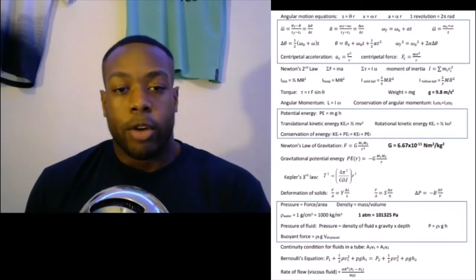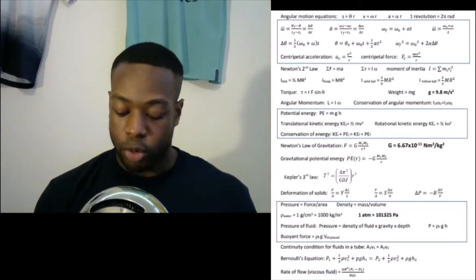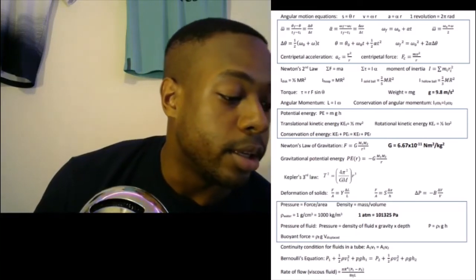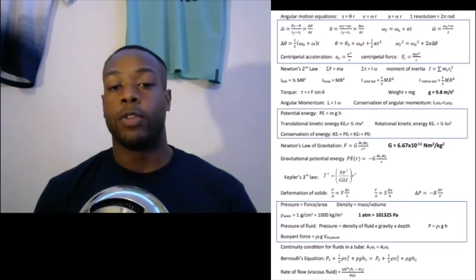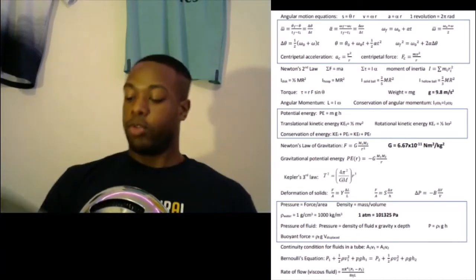Translational kinetic energy is going to be 1/2 mass times velocity squared. And rotational kinetic energy is going to be 1/2 inertia times angular velocity squared. So that's what we're dealing with.